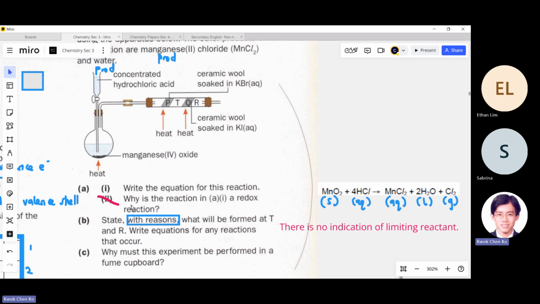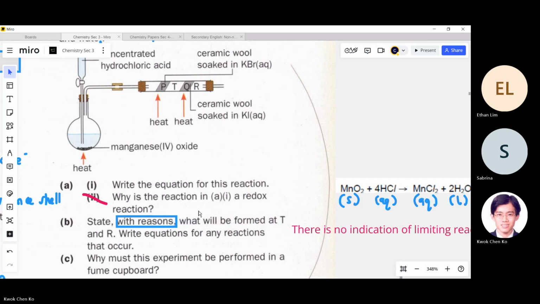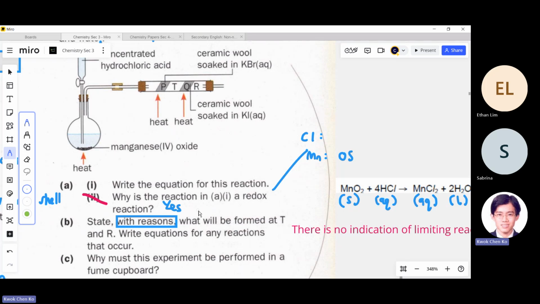Okay, for part 2, only Angel needs to answer. Is it a redox? Why? Okay, good. Yes. So OS stands for oxidation state.